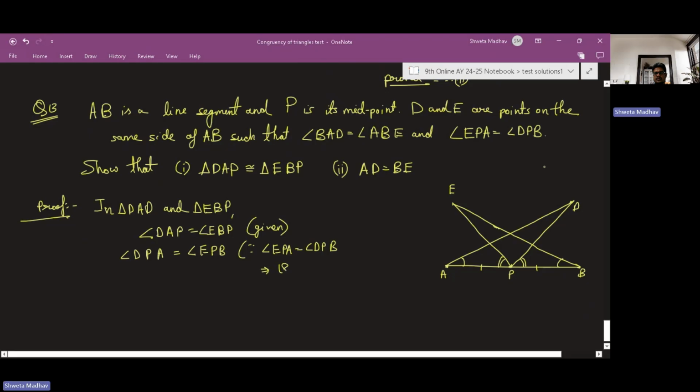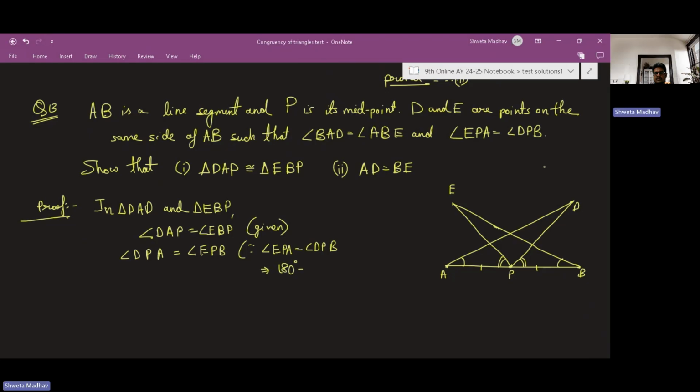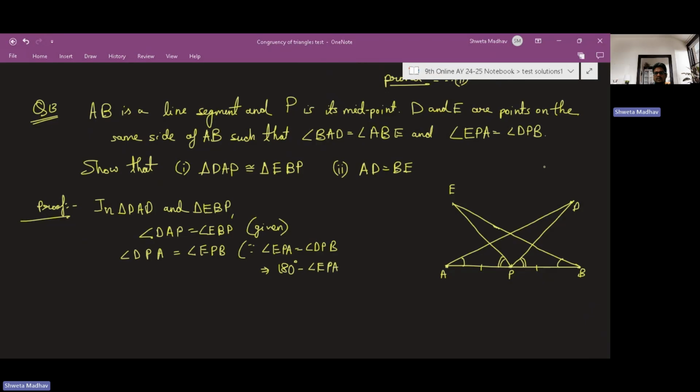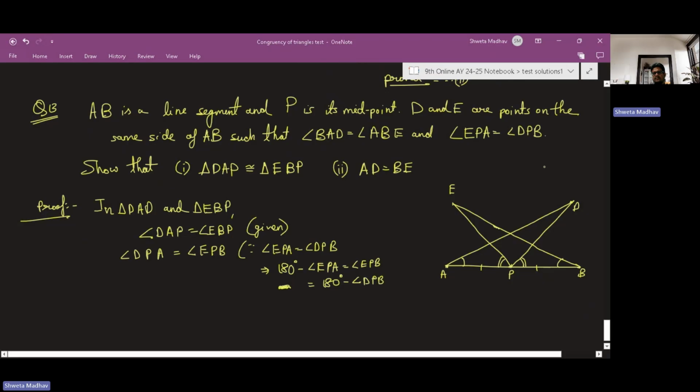So 180 degrees minus angle EPA, which is equal to angle EPB, is also equal to 180 degrees minus angle DPB, which is equal to angle DPA.